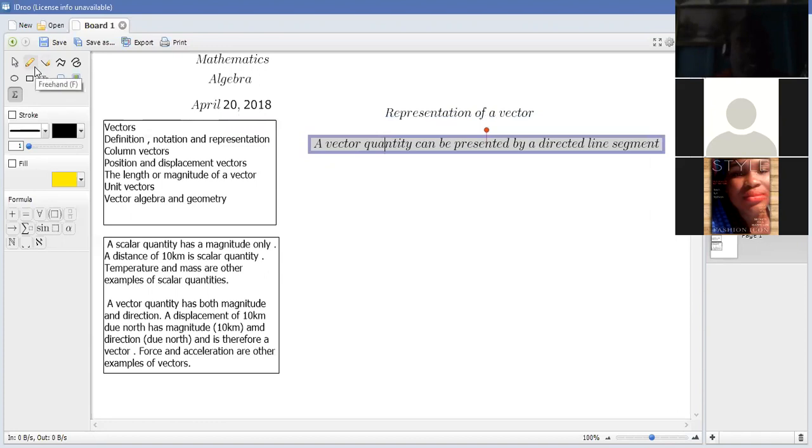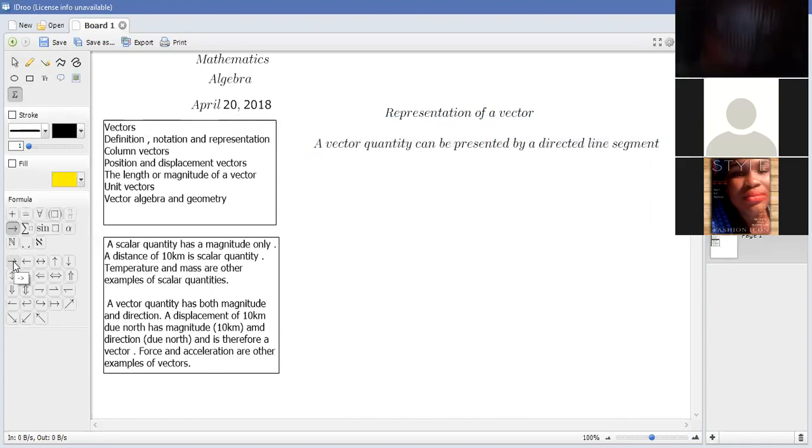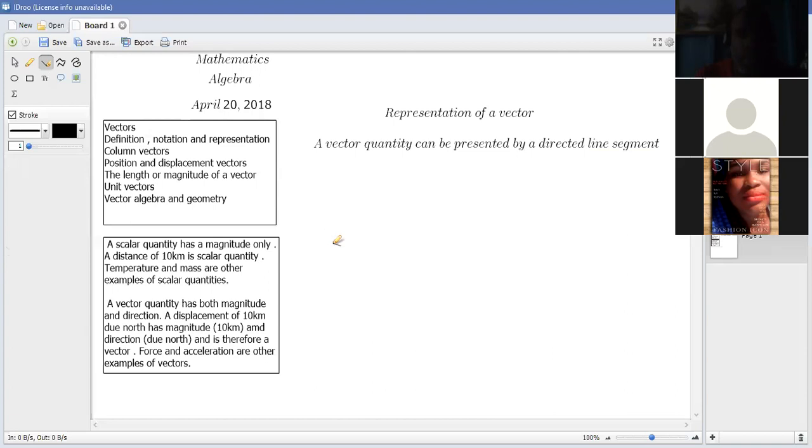So let's draw our directed line segment. Let's draw a line segment.